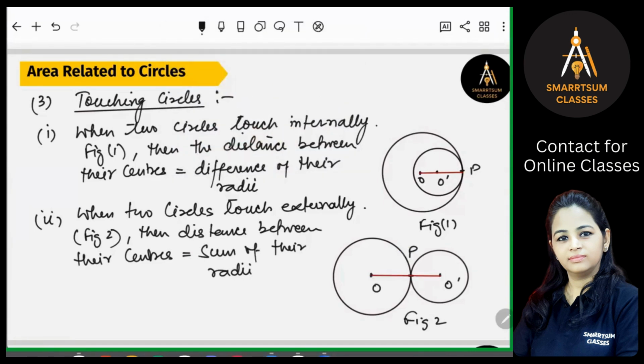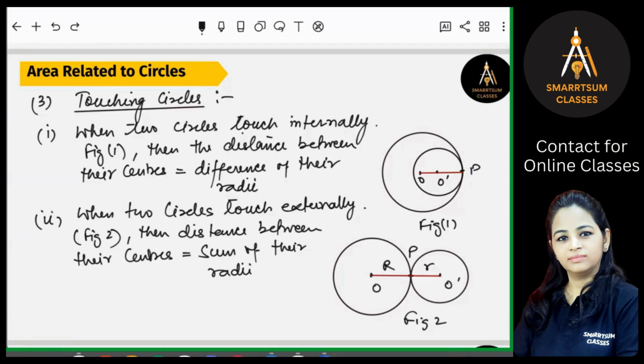We will add their radii. So if this is the radius of one circle and this is the radius of another circle, then if we add them, r plus r, we will get the distance between these two centers. Is that clear? So if we want to find the distance between the centers of circles which touch externally, then we add their radii, right? And if the circles are touching internally, as shown in figure 1, then the distance between their centers will be equal to the difference of their radii, right?